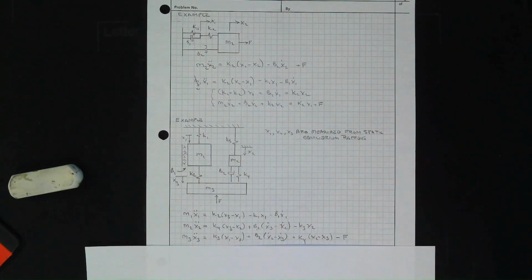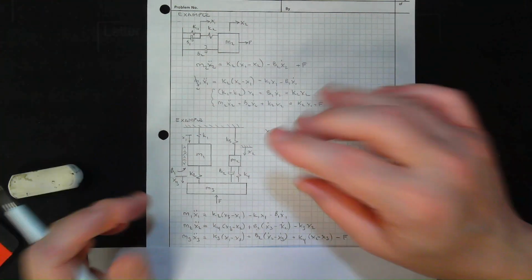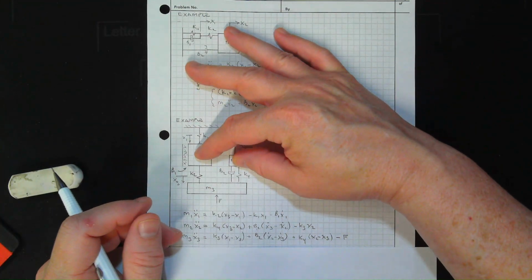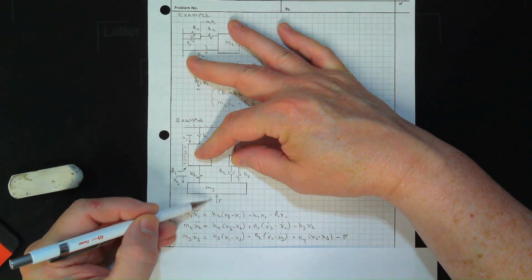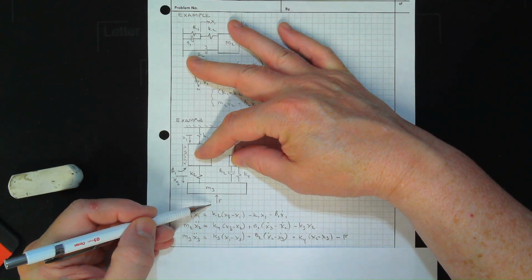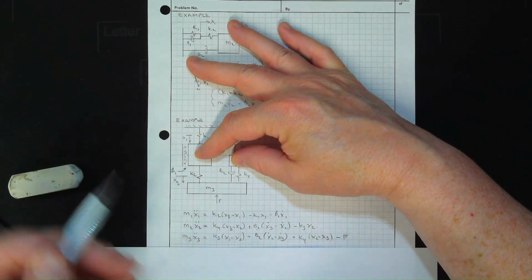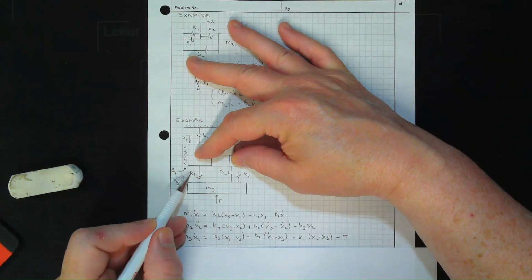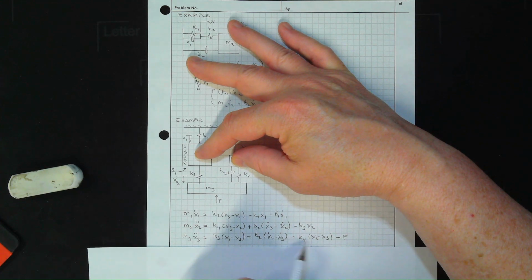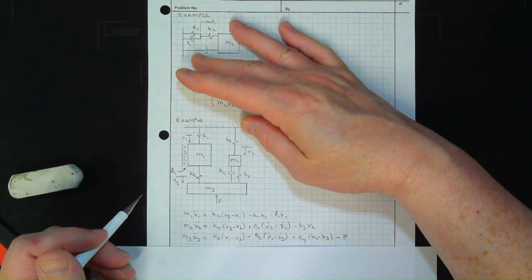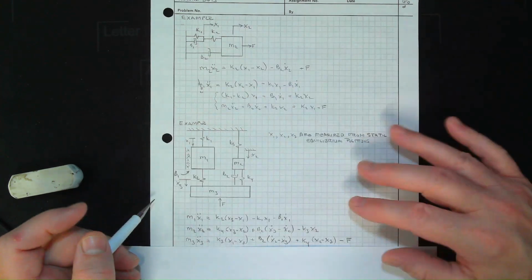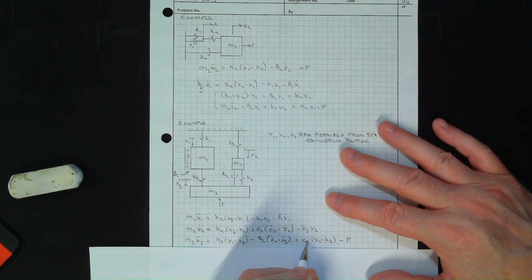Now that takes us to mass 3. Let's do it the same way. I'm going to hold M1 and M2 still, and then move M3 in a positive direction. What does it feel? It feels K2 X3 going back up. Why did I write K4? There is no K4. This is K2. This is a mistake.